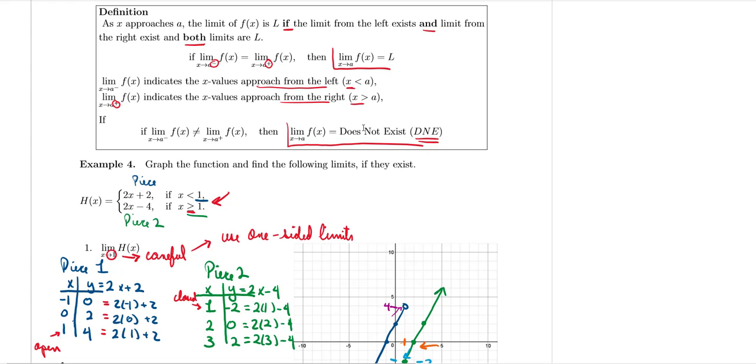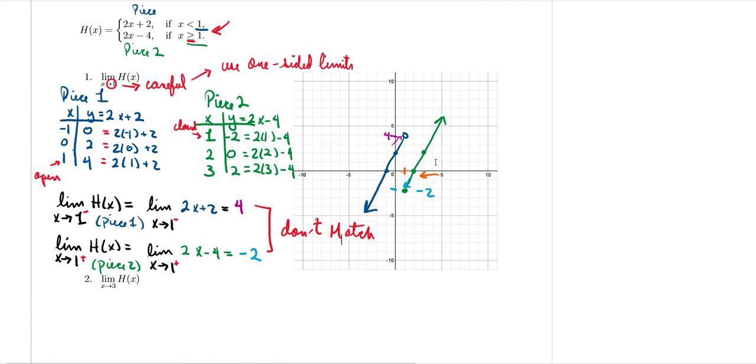Therefore, the limit does not exist. So our answer here, the limit for h of x as x approaches 1 does not exist, because again, the limit coming in from the left did not match the limit coming in from the right.